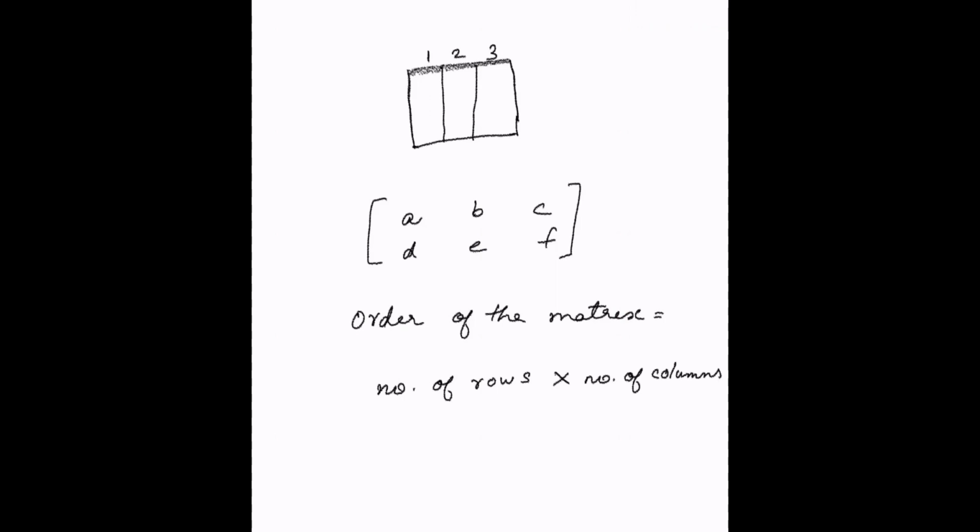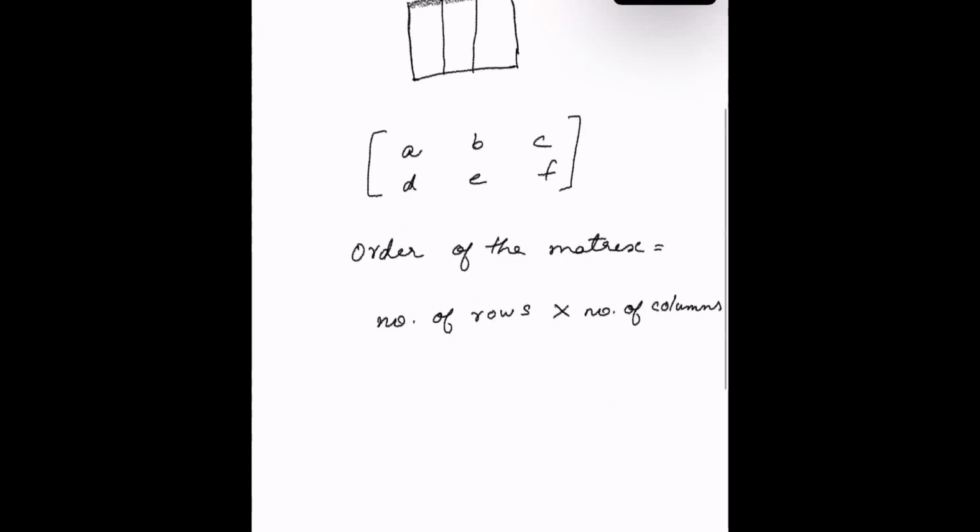If you look at this matrix A, B, C, D, E, F, what is the order? How many rows and columns are there? 2 rows and 3 columns. So this is written as 2 by 3. This is the order of that matrix.